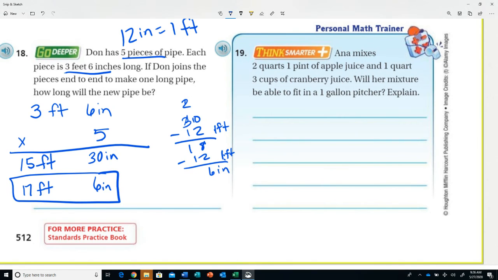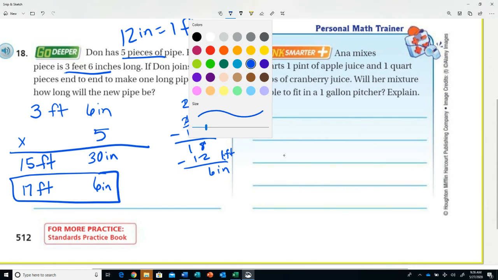Anna mixes 2 quarts, 1 pint of apple juice, and 1 quart, 3 cups of cranberry juice. Will her mixture be able to fit in a 1-gallon pitcher? Explain. All right, so a couple things you should have.